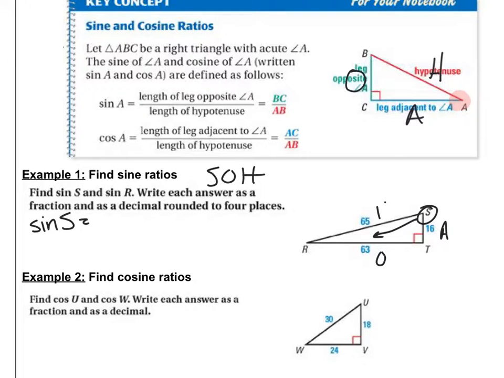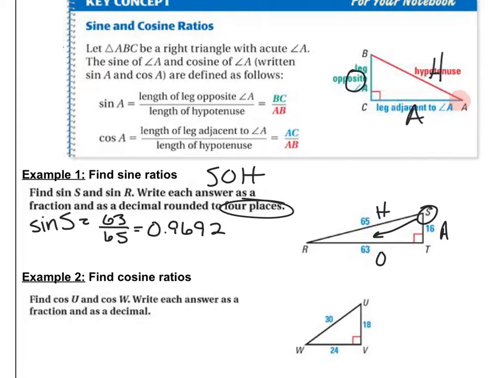This is always the hypotenuse. So it's opposite over hypotenuse, which is 63 over 65. Then you take 63 divided by 65, and you get 0.9692. It says round to 4 decimal places, so we take it out to 4 decimal places.